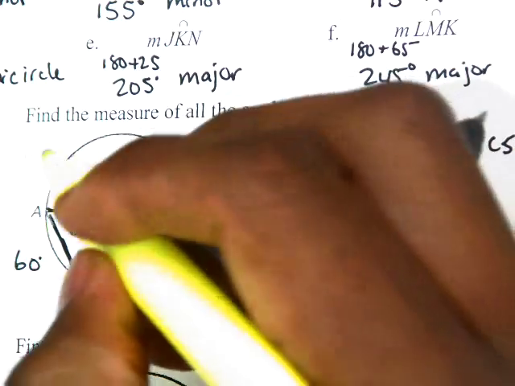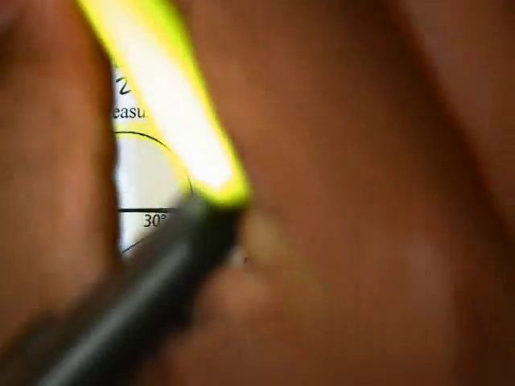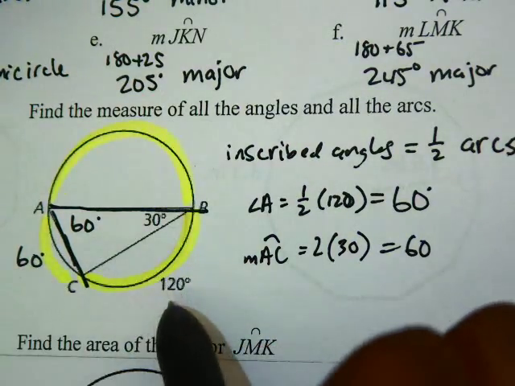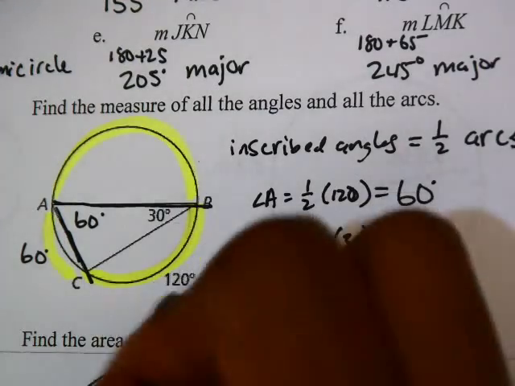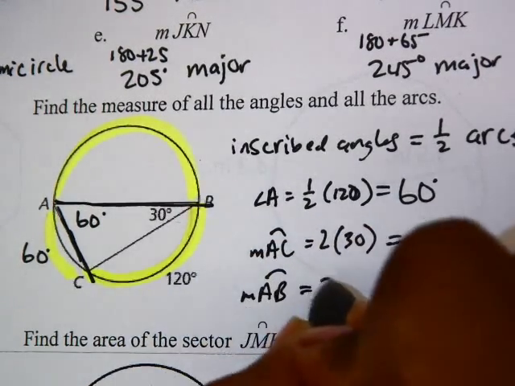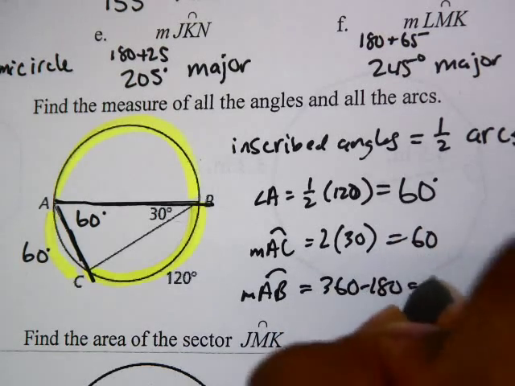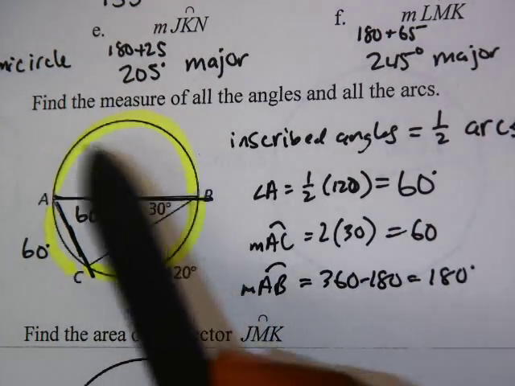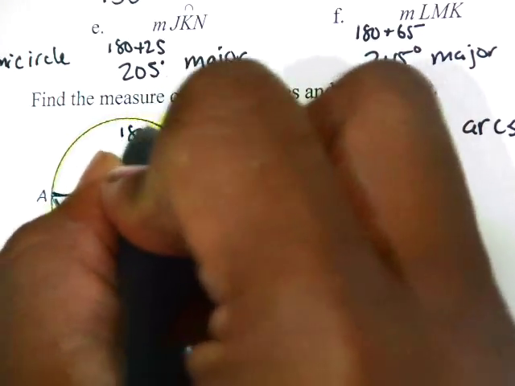I also know circles are 360 degrees. So across that top, 60 and 120 is already 180. So if I take 360 minus the 180, I get that arc AB, the arc across the top, is 180 degrees.